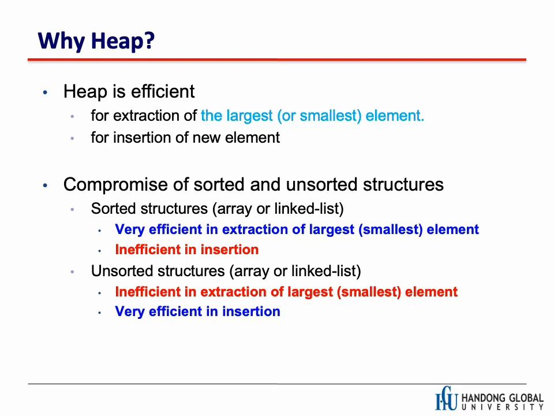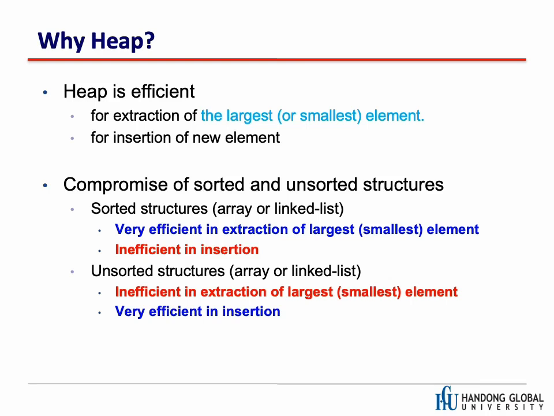The max heap is in the middle of these two. It is between the sorted structure and the unsorted structure. Think about this one. When we find the largest one, that's simple, easy, because the root node is the largest one if it is the max heap.